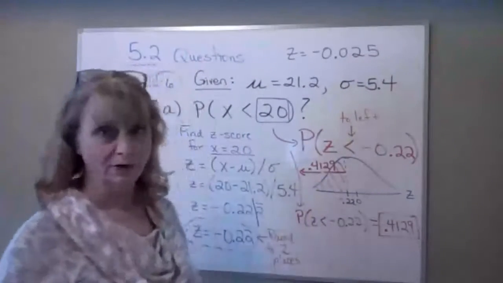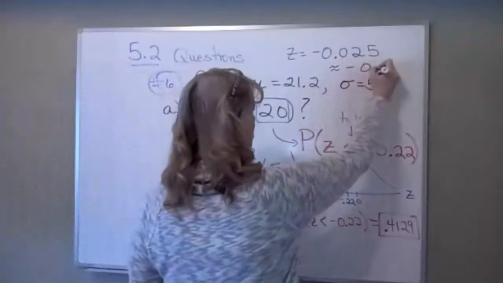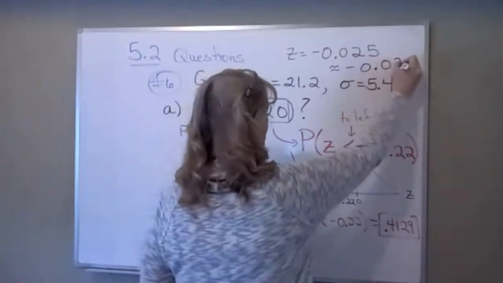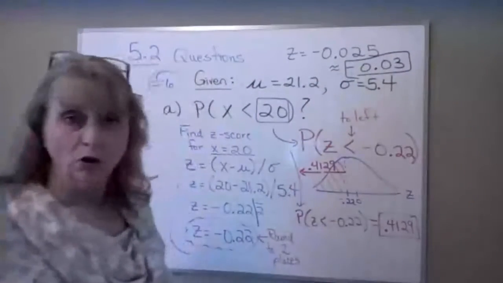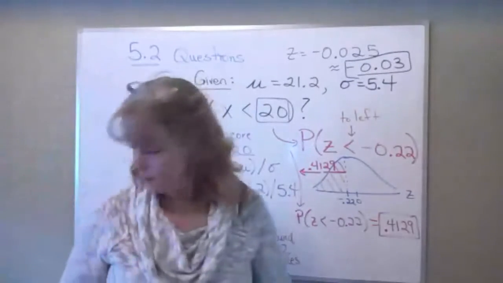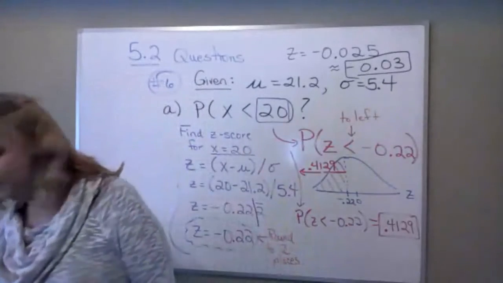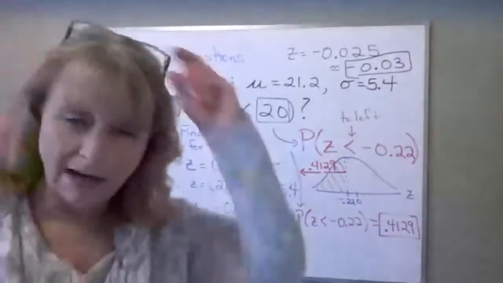The 2 is in the hundredths place. So what you're going to round this to would be negative 0.03. And this would be the z-score you would look up in the table. This is a very common mistake, an easy mistake to make.